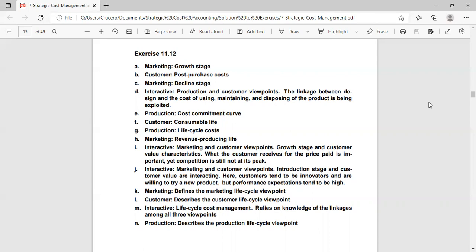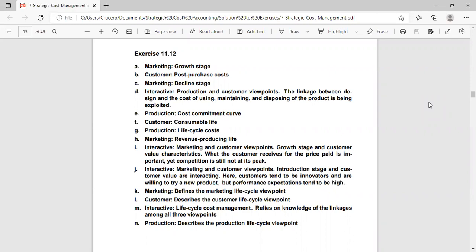The decline stage. Then in letter D, a design is chosen to minimize post-purchase cost. So we have interactive, production, and customer viewpoints. The linkage between design and the cost of using, maintaining, and disposing of the product is being exploited.